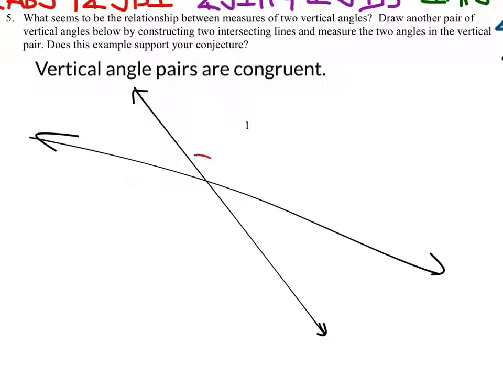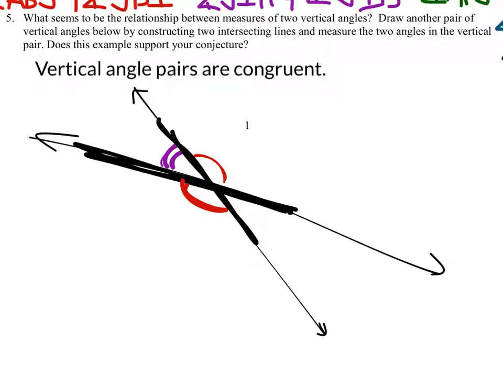If I look at this angle right here, and then compare with this angle right here, these 2 make up a straight line, which we'll talk about means that they're supplementary. But if I compare this purple angle with 2 marks to this angle right here, they also create a straight line.